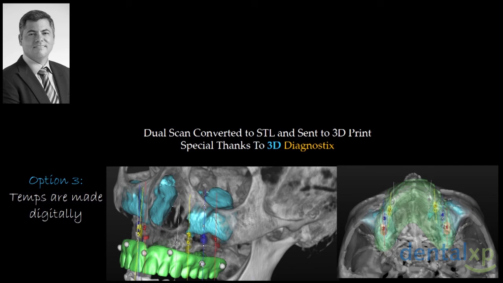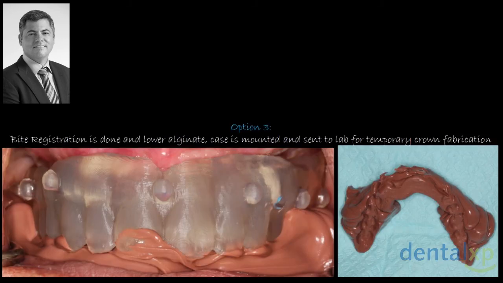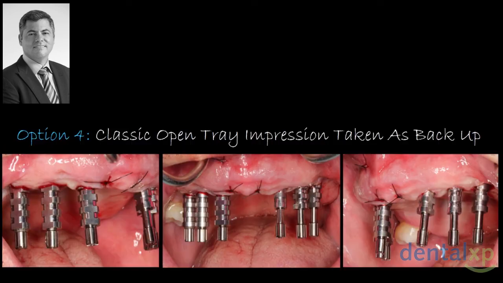Number 3, you can even do a dual scan. You may remember how to dual scan is a basic technology that we utilize, one of the more utilized technologies that we use in conversion strategies. And you can also print it, you can mill it today, and it can be articulated, and it can be utilized also to fabricate a prosthetic solution.